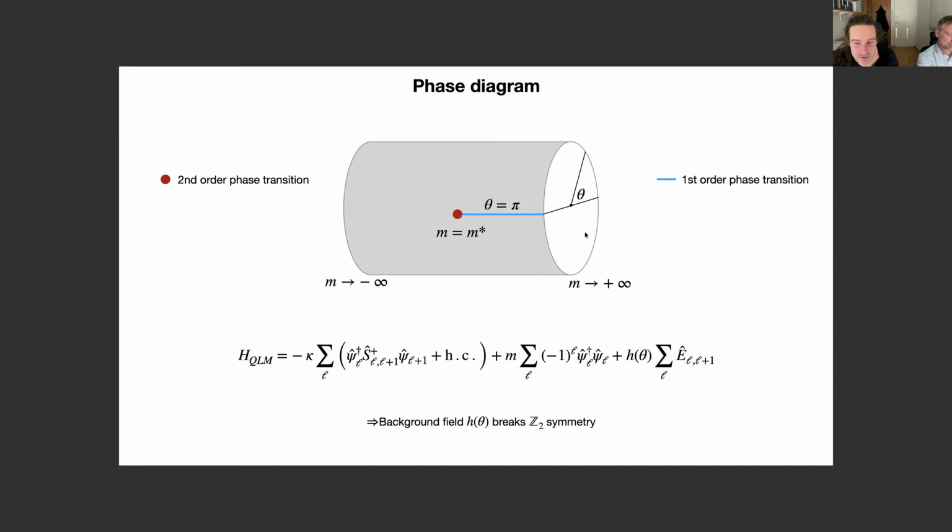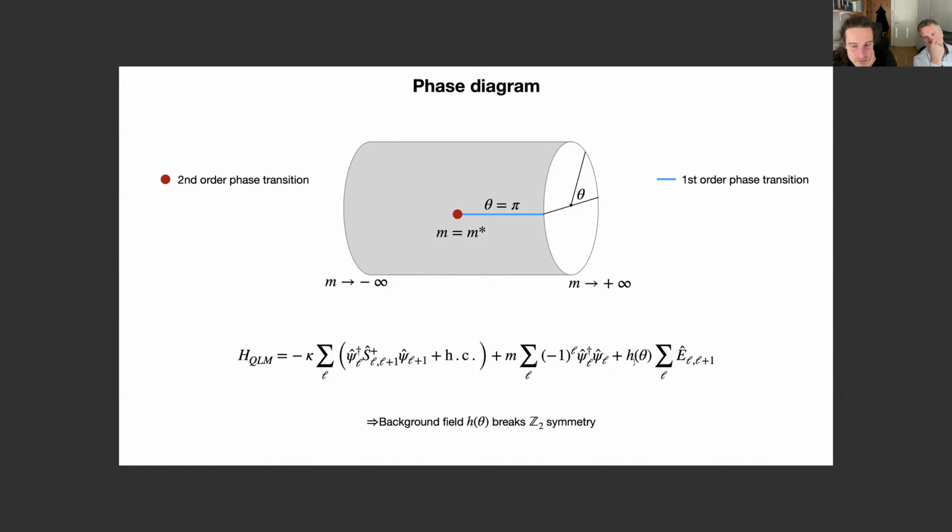So you have this background field, which depends on this angle. And there is some specific value for this angle, which is actually just theta minus pi. And you have a certain value of m where again you are in an ordered phase. You have your Z2 symmetry, you have your ordered phase, and you have two degenerate ground states.